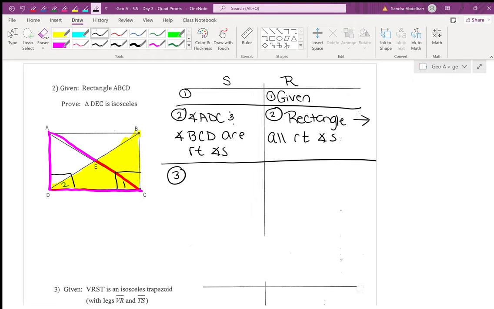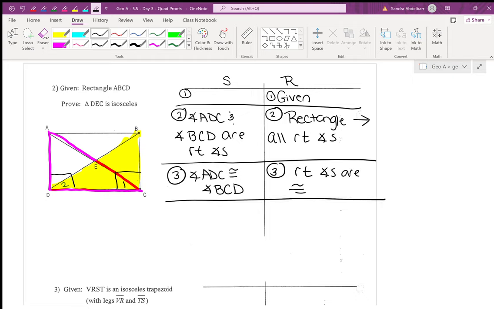And after we declare right angles, what should we always say about the right angles? Congruent. So now I'm going to say angle ADC is congruent to angle BCD. Right angles are congruent. All right, so we got an angle. Somebody get me a side. Looking at our triangles, let's get a side.